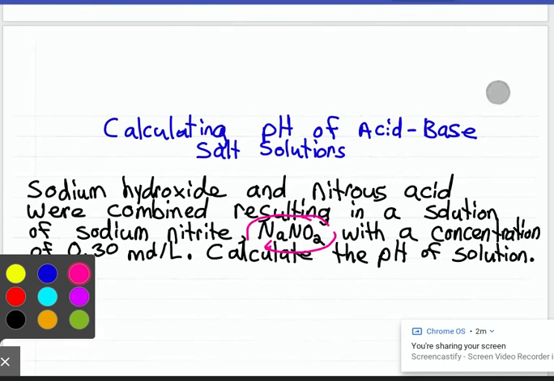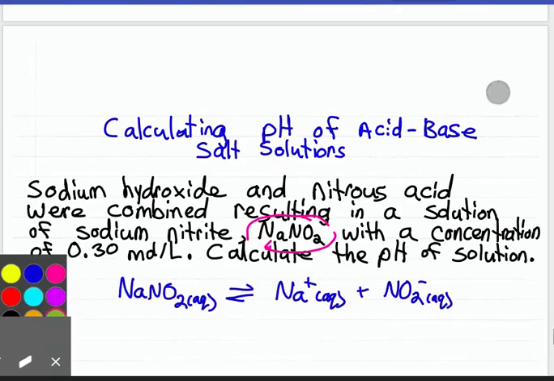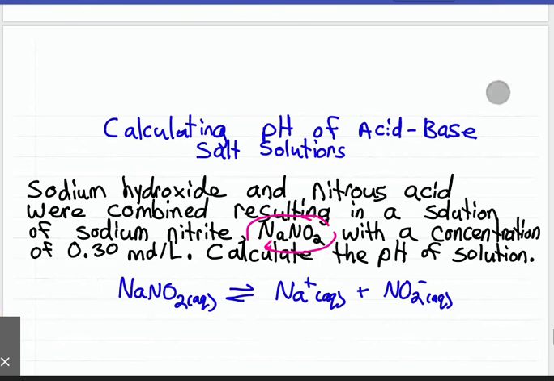Okay, so this is important because what we know is that this sodium nitrite is going to dissociate into its ions. So our sodium nitrite is going to dissociate into our sodium ions and our nitrite ions. Now, at this point, we have to put together a couple different pieces to figure out how these ions are going to react with water.